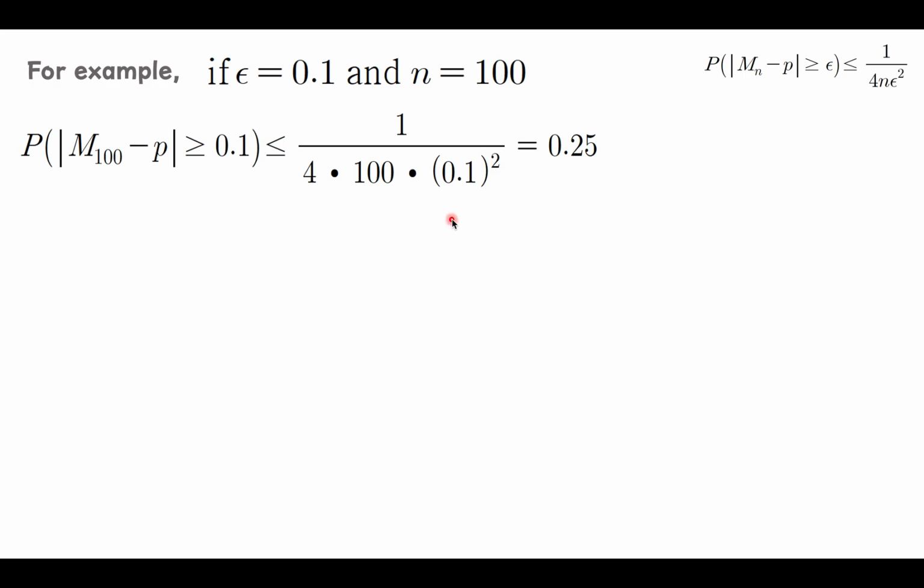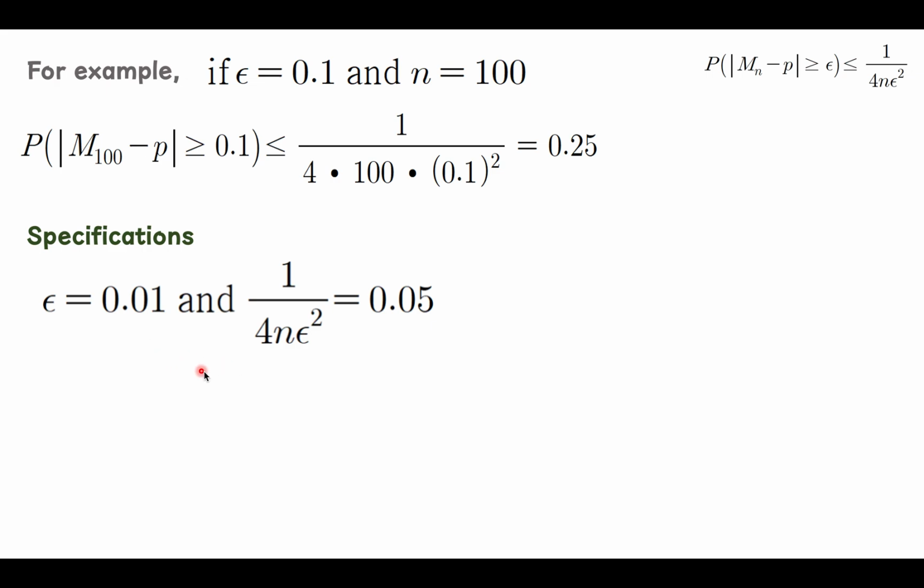Now, suppose that there is a tight specification on this poll. This is the specification. This means that Mn will be very accurate, within 0.01 of P, and this means the probability of inaccuracy above 0.01 should be less than 0.05.